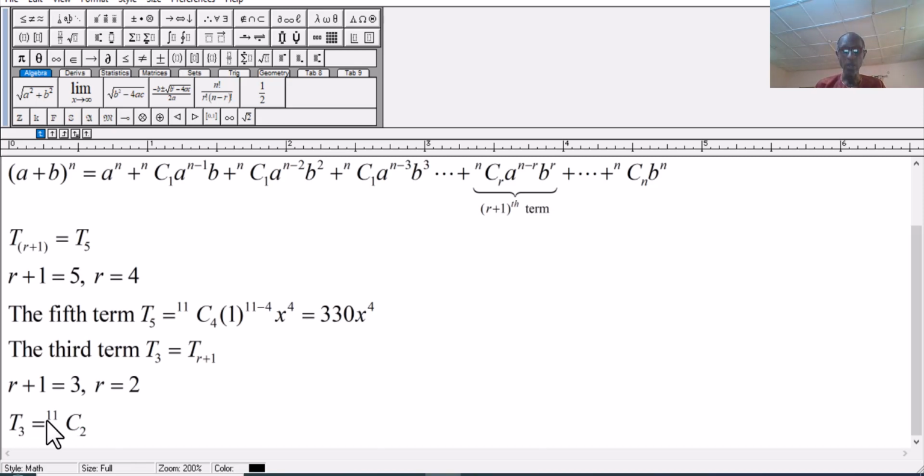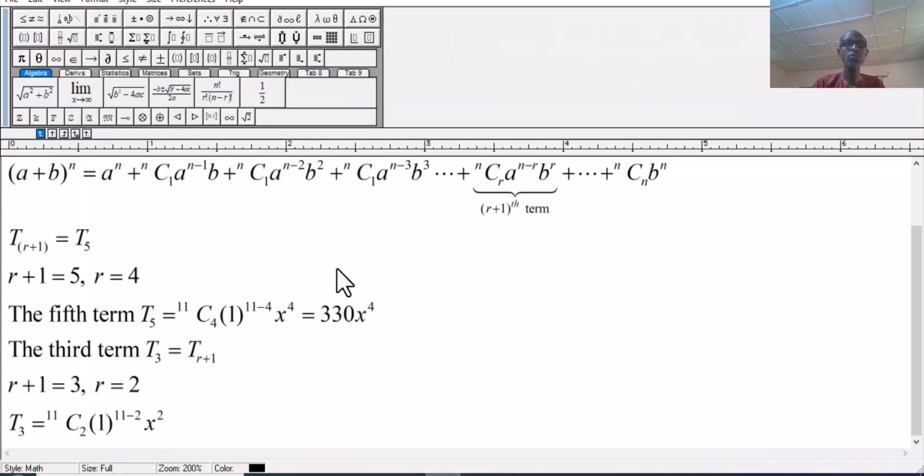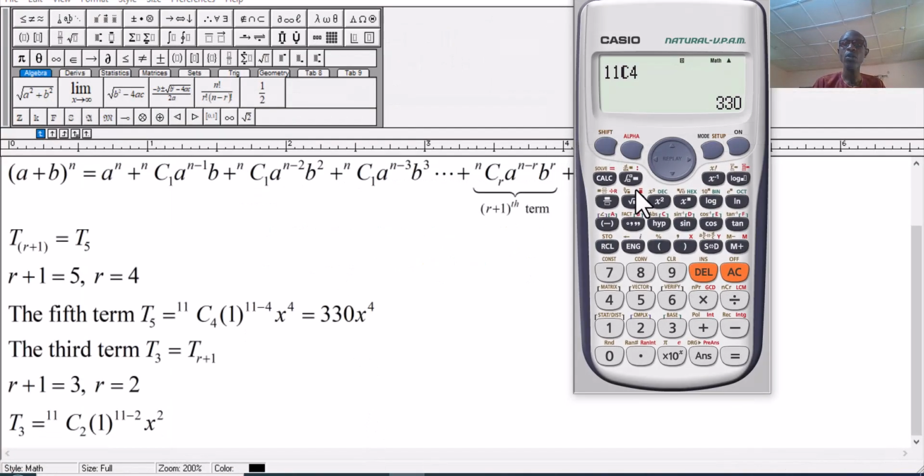So 1 to the power of 11 minus 2, times x squared. 11 combination 2 is equal to 55.